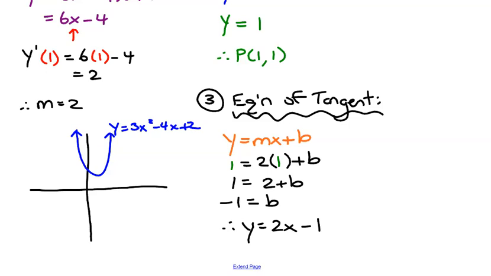Now, what you want is at 1, when your x is 1, you get a point right here at 1 and 1. Right? Now, what we were trying to find is that tangent, and that tangent skims it just ever so slightly. And that slope is 2. So the equation of this orange line is this guy right here. That's what you found.